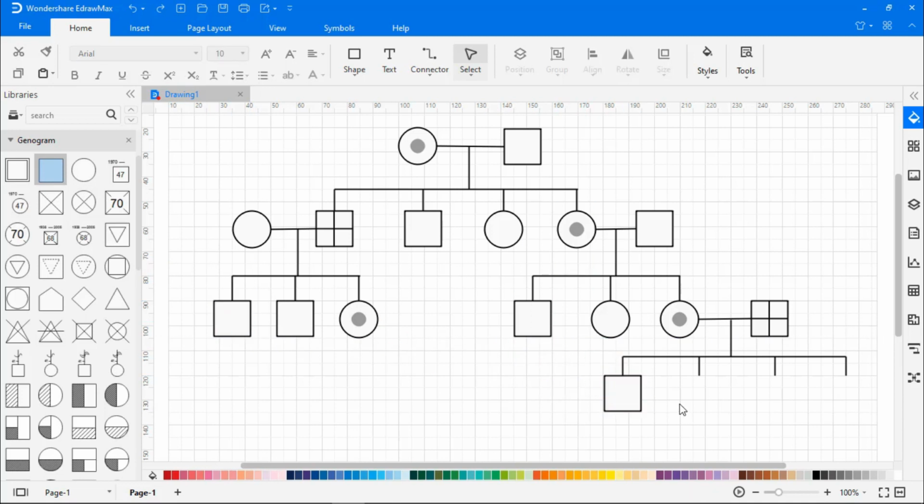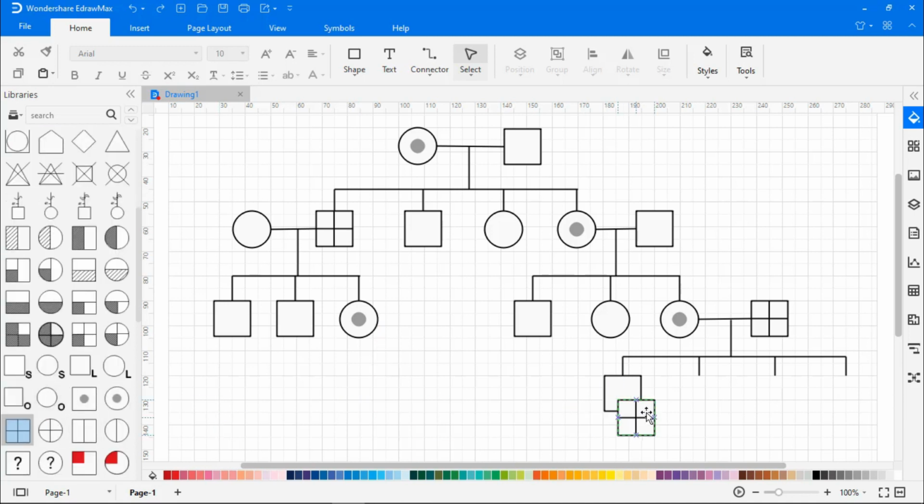Say the second son receives a recessive X gene from the mother, so he will be affected. The third girl receives 1 recessive X gene from either of her parents and is a carrier. The last girl receives 2 recessive X genes from both her parents, which is a rare occurrence, and is affected.